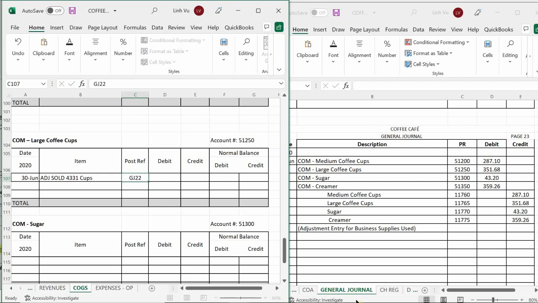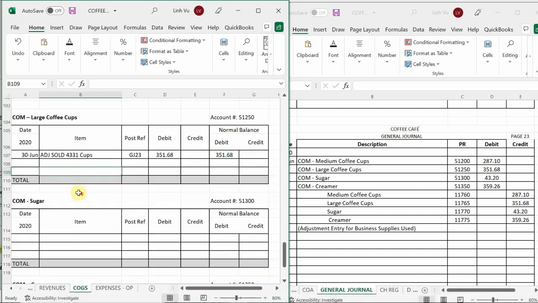General Journal, page 23. Which gave us a grand total of $351.68. $351.68.